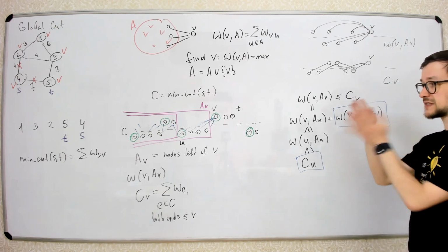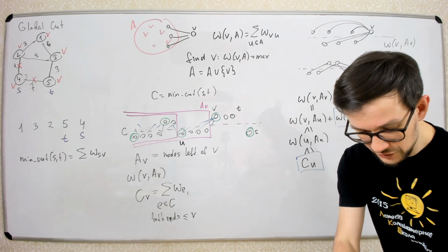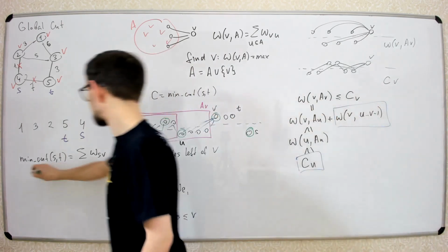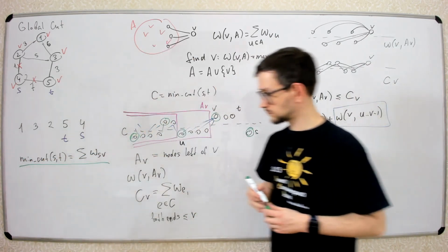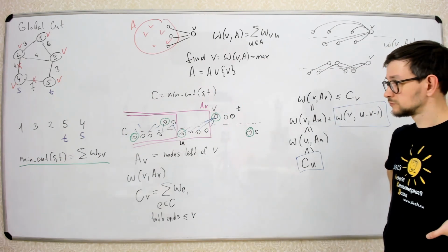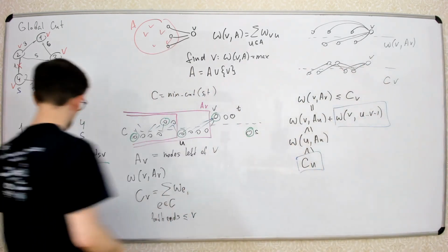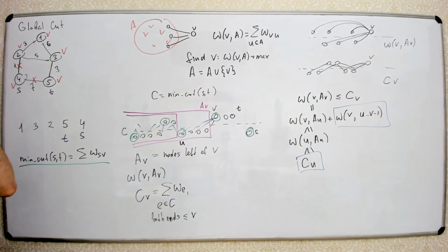Now I claim that this theorem actually proves what we need. Can you see why this is true? If we prove this theorem, we actually prove that the algorithm is working.